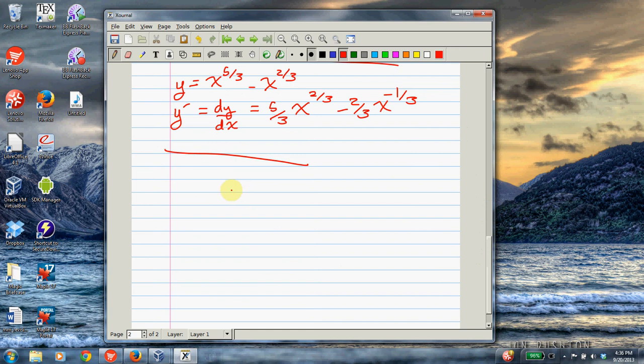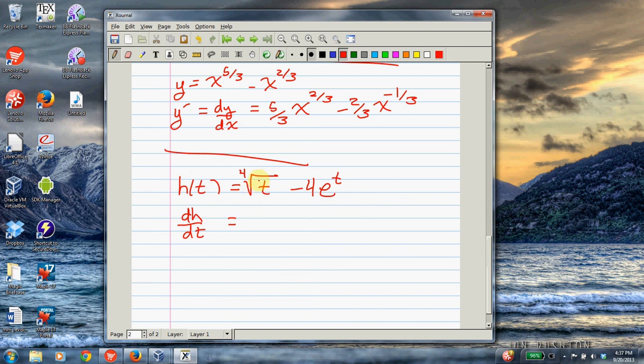Keep going. h of t is equal to the 4th root of t minus 4 times e to the t. Okay, so now dh dt is the derivative.